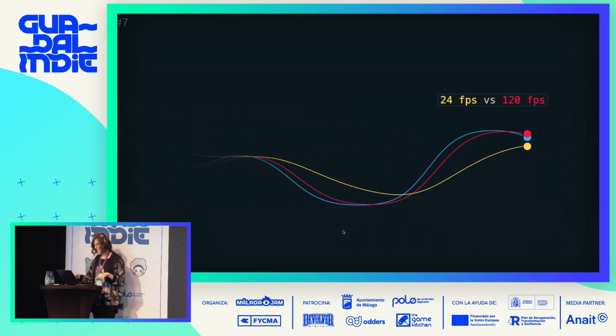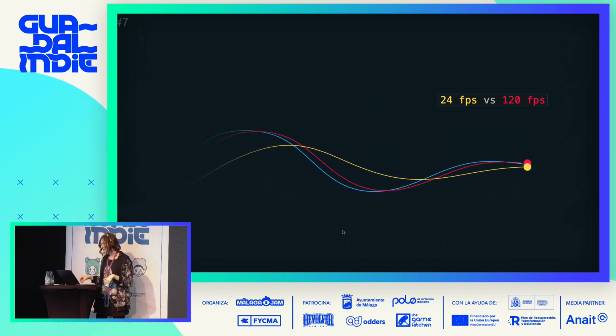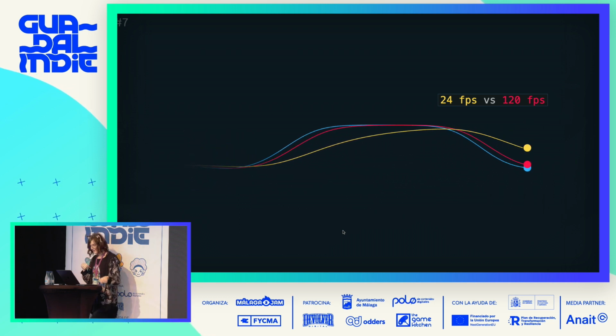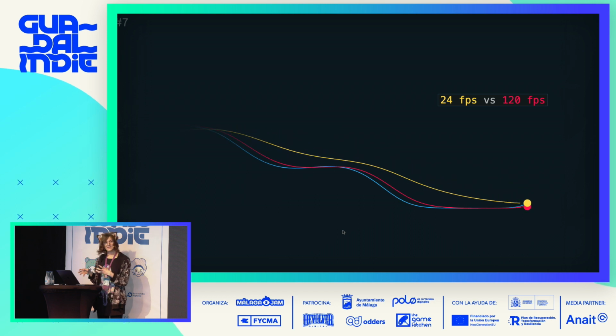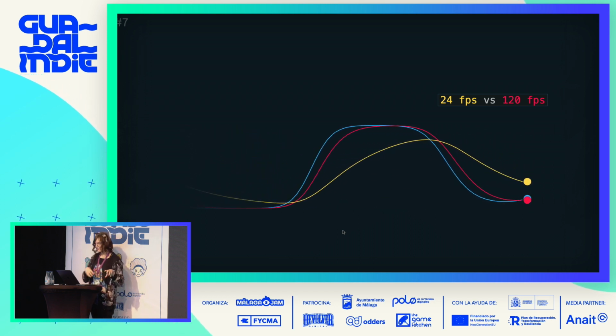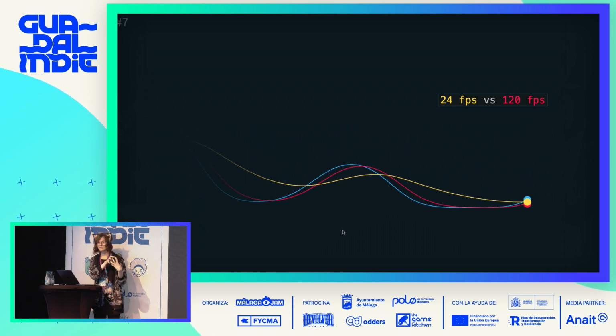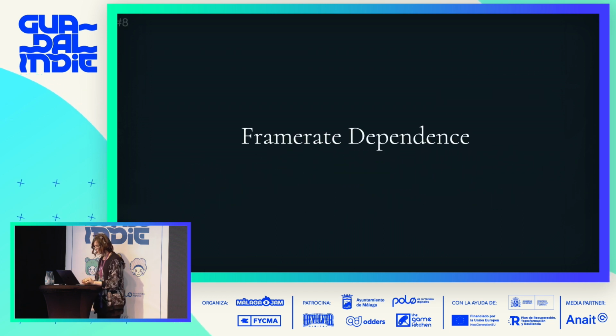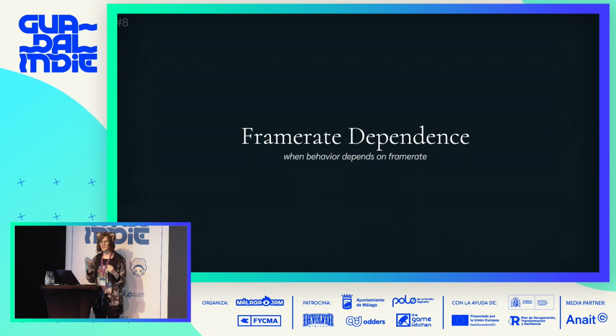The yellow one is 24 FPS, and the red one is 120 FPS, and they're trying to follow the blue target. And ideally, the yellow one and the red one, they should be the same. They should overlap, but they don't. And so this phenomenon is known as frame rate dependence. In other words, it's when a behavior depends on frame rate. So if you change the frame rate, you change the behavior.